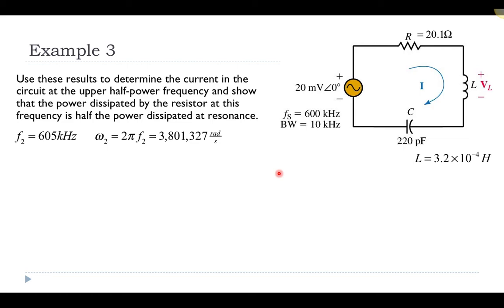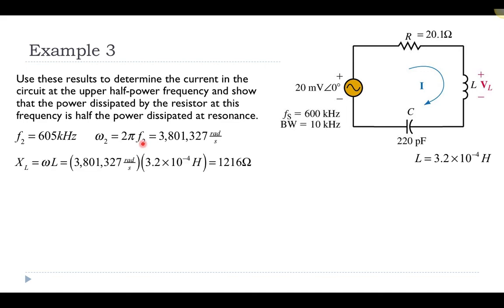We can also use these results to determine the current in the circuit at the upper half power frequency and show that the power dissipated by the resistor at this frequency is half the power dissipated at resonance. We know the upper half power frequency is 605 kilohertz. We can calculate the angular frequency by multiplying by 2 pi.